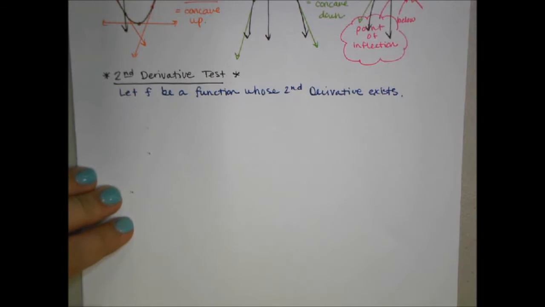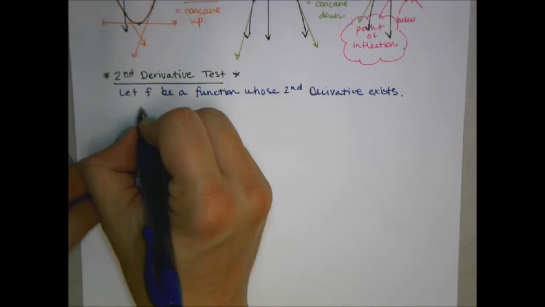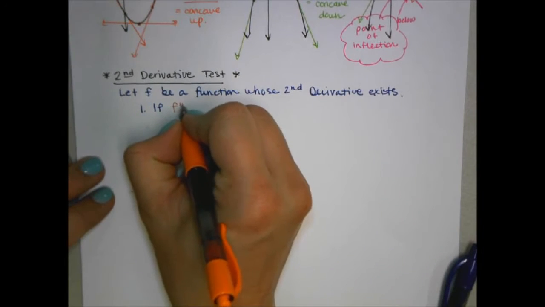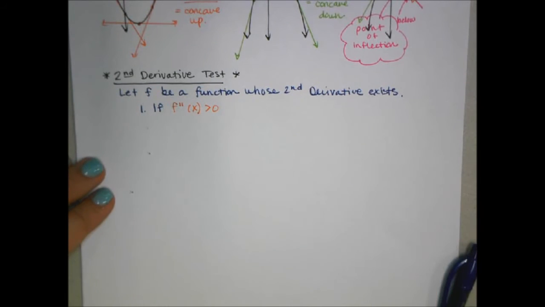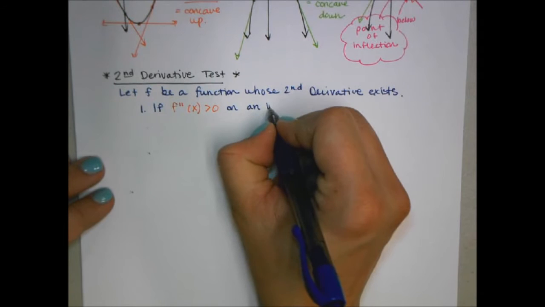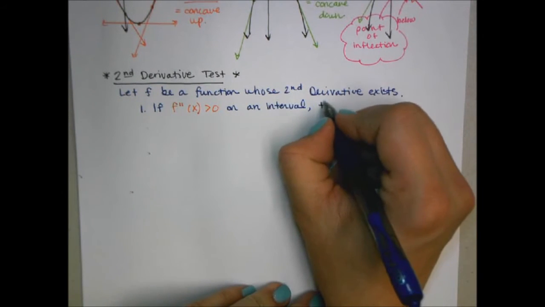We're going to end up with our three cases here. First, if our second derivative is positive on an interval, then our function f is concave up.